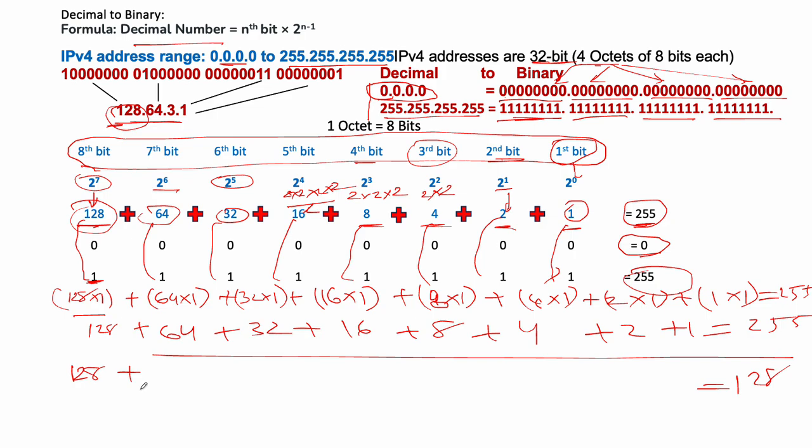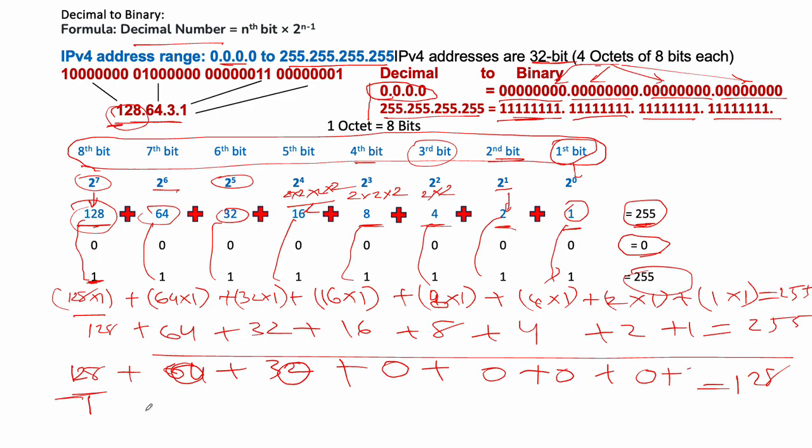So 64 plus 32, but this value becomes 0. Again, this value becomes 0. This value becomes 0. Why? Because we only need 128. And if you set 1 here, you get 128, right? So plus 0, plus 0, plus 0, plus 0.